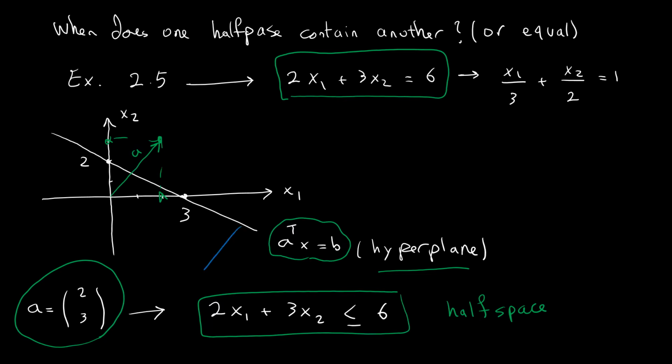So all the points on the left hand side of this hyperplane are contained in our half space. That was a very brief introduction to hyperplanes and half spaces. Now in the next slide we are going to see what happens when we have two half spaces.